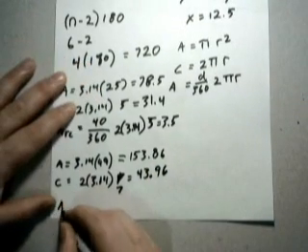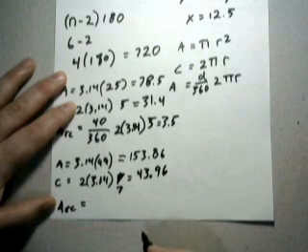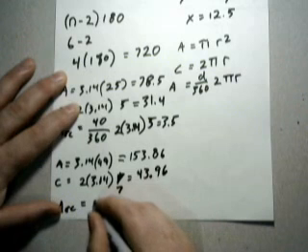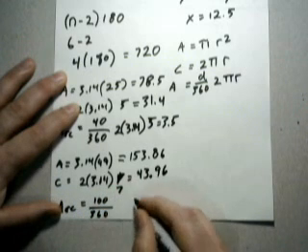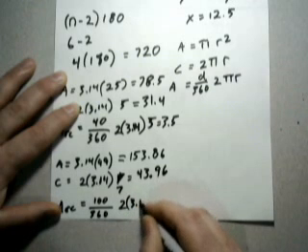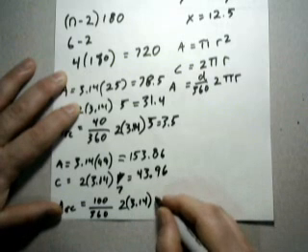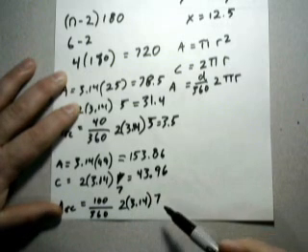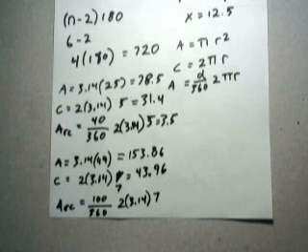And then the arc, see, 100 degrees times 2 times 3.14 times 7. We already know this to be that, so I can just substitute that in as I go.